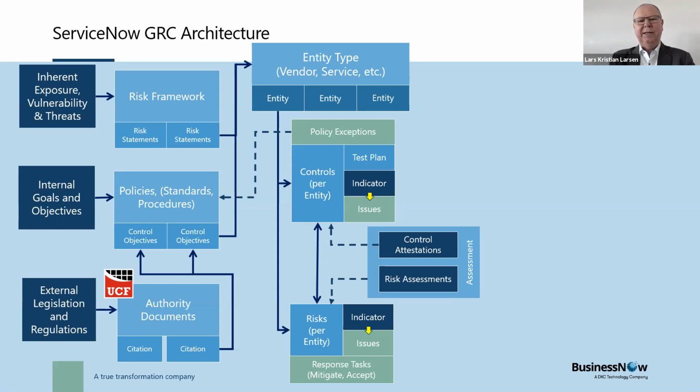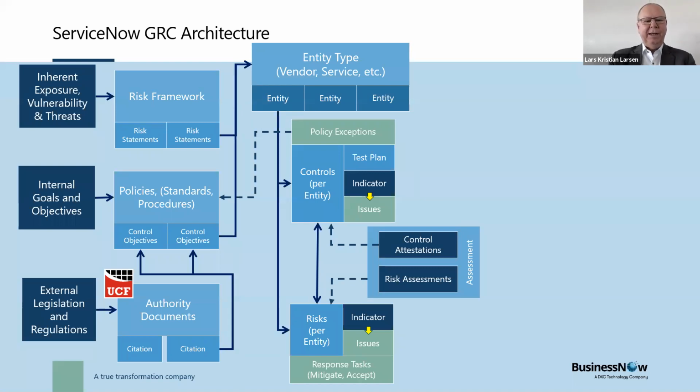And also, obviously, if we have some policy exceptions saying for our specific department, this policy or this area of the authority document does not apply for several reasons. It could be that we are implementing something new in the future, so we will be working with that in the second half of the year, and for that we can get an exception saying that we're not compliant with it in that period of time.